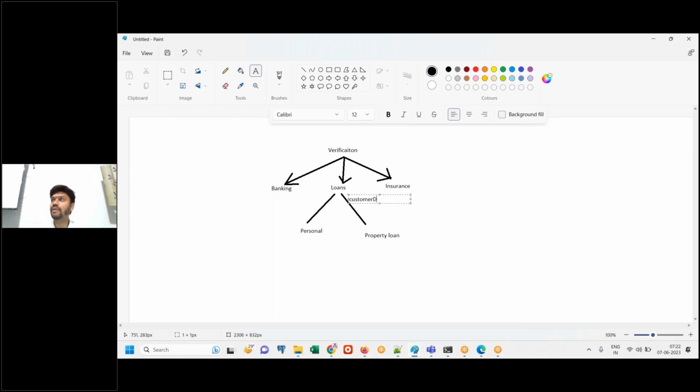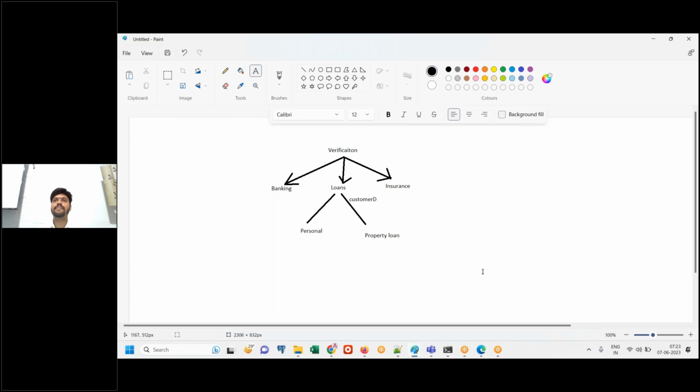Understand? Clear? Everyone following? Whenever you are creating functionalities in your business application, you create them inside classes. Those classes should be organized in a proper way according to your business structure. My business structure is I have a loans department which has 2 sub departments.